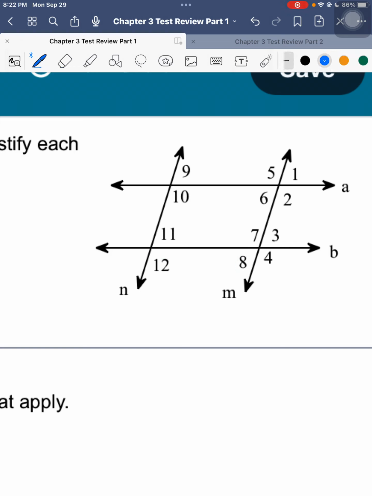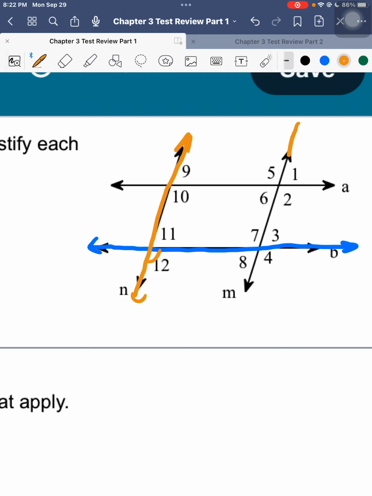So what is my transversal? What is the line that contains both my desired angles, 12 and 8? Not just one, both. That would be B.